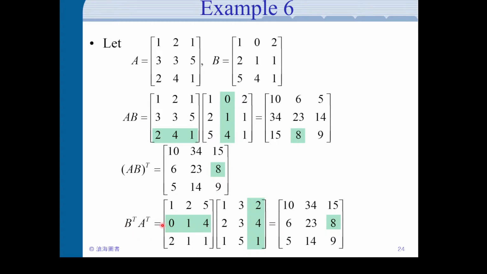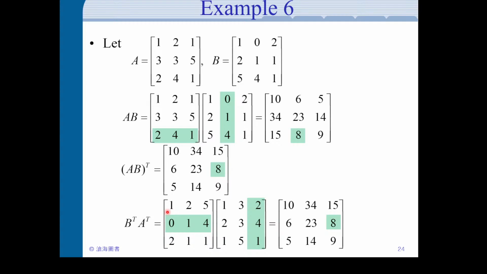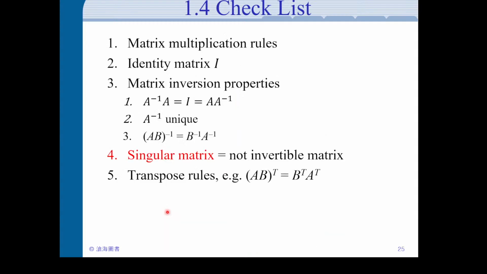And we know this second row is equal to this second column, and this third column equals this third row. Okay, so that's a bit of an intuitive proof of this transpose rule. But if you want to be fully clear, you can write down the element-wise proof. Okay, and that's an example.